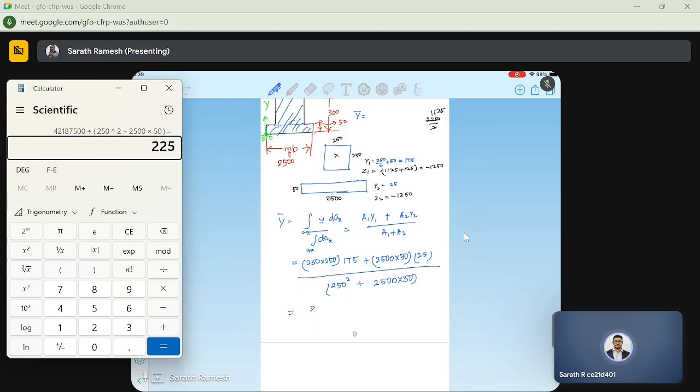This is 225 mm. Okay, so the y bar that we are getting is 225 mm.